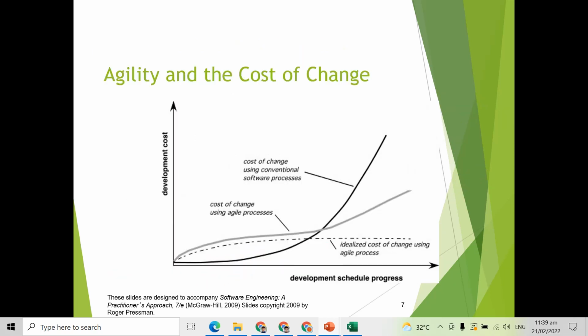Then, agility and cost of change according to the illustration, which is the development schedule process. As you can see, the progress of cost of change using an agile process, and the other one is cost of change using a conventional software process. So see the difference. And then another is the dotted line, the idealized cost of change using an agile process.